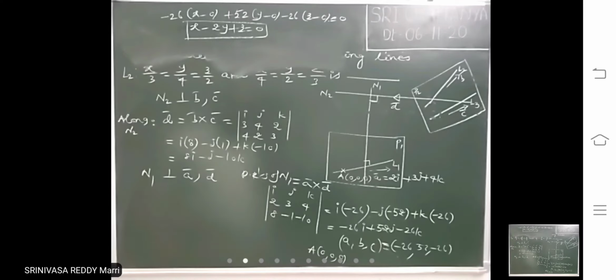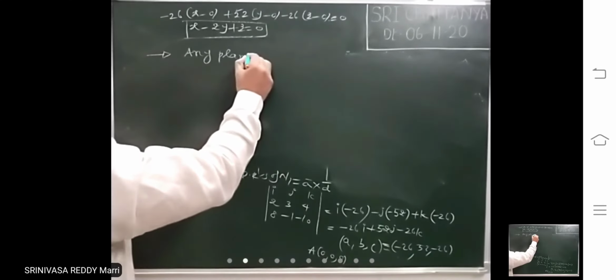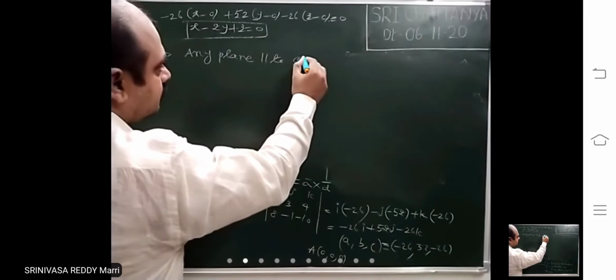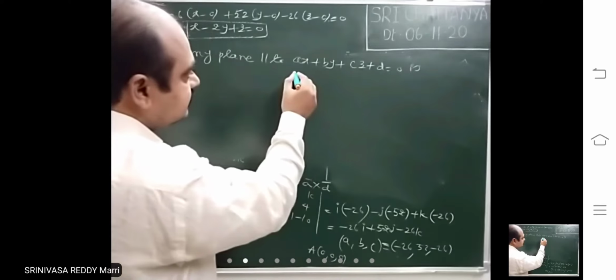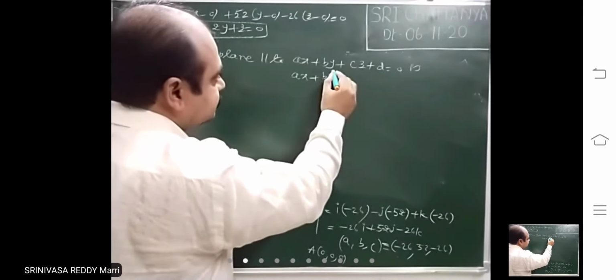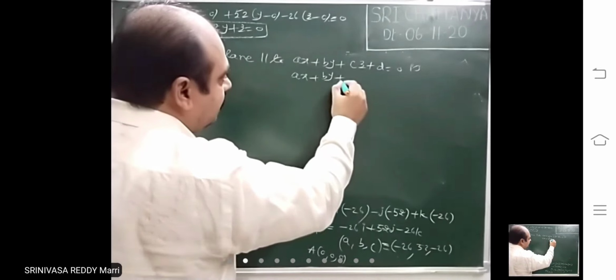Any plane parallel to AX plus BY plus CZ plus D equal to 0 is a parallel plane, just like straight lines, only a constant difference will be there.